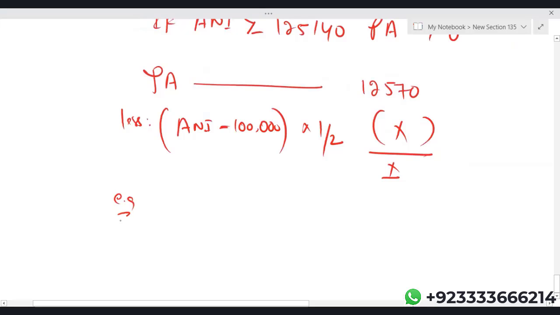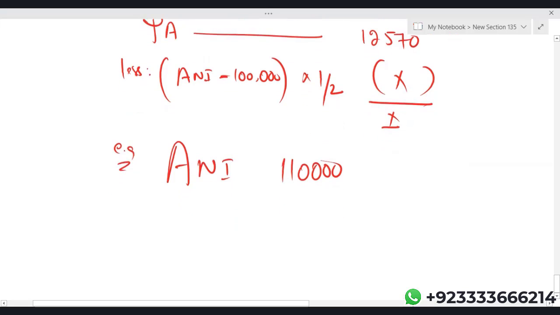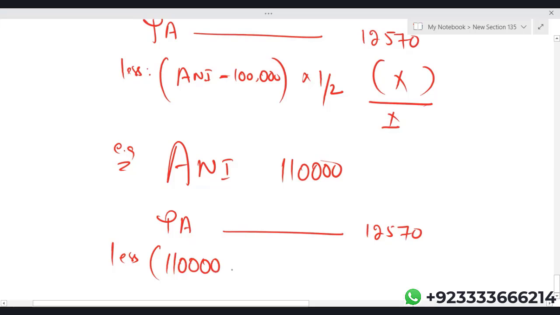For example, if adjusted net income is 110,000, let's see how much personal allowance is available. Personal allowance is 12,570 less 110,000 minus 100,000 into 1 upon 2.